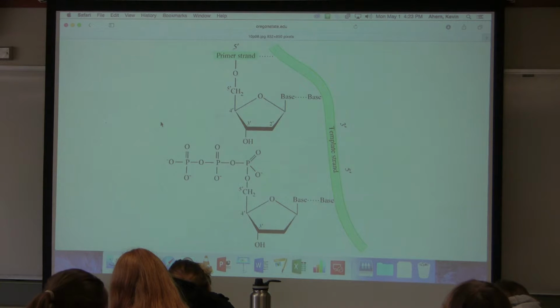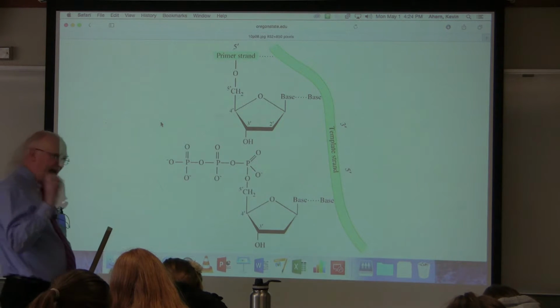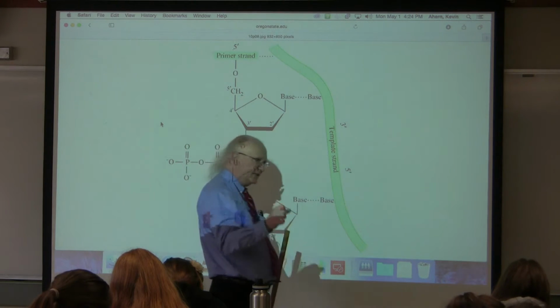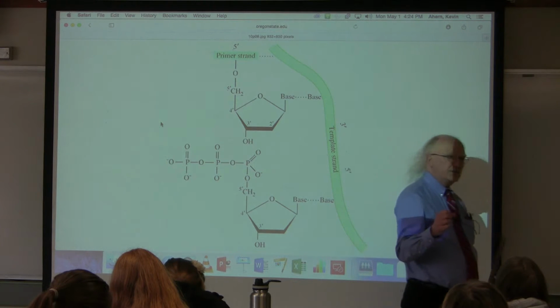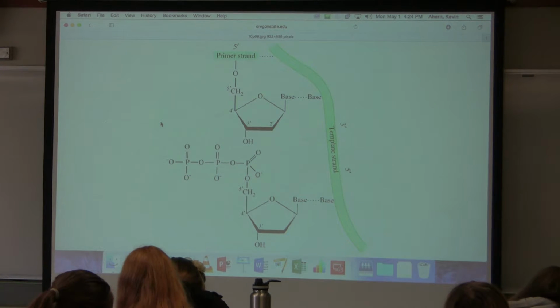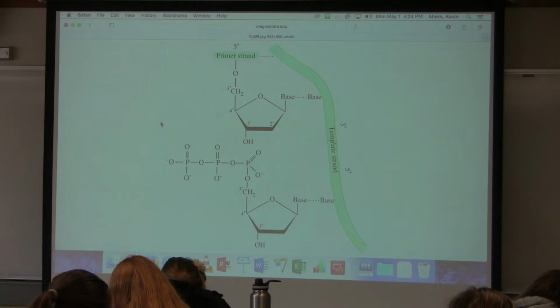A DNA polymerase will make the phosphodiester backbone of DNAs. That is, it catalyzes the synthesis of the bond between the phosphate and the sugar. Those are phosphodiester bonds. Okay?